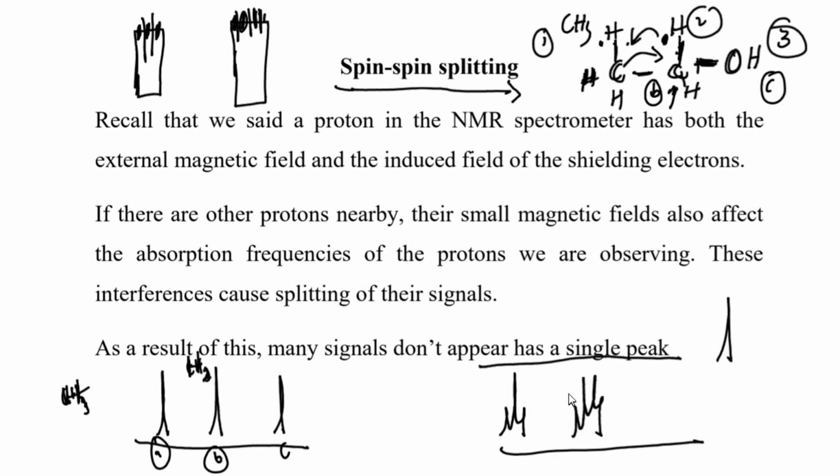And there's a way these are drawn. There's a rule it follows. The first peak, if it's a single peak, is 1. If it's 2 peaks, they have the same size. If it's 3 peaks, it's going to be this, according to Pascal's triangle.